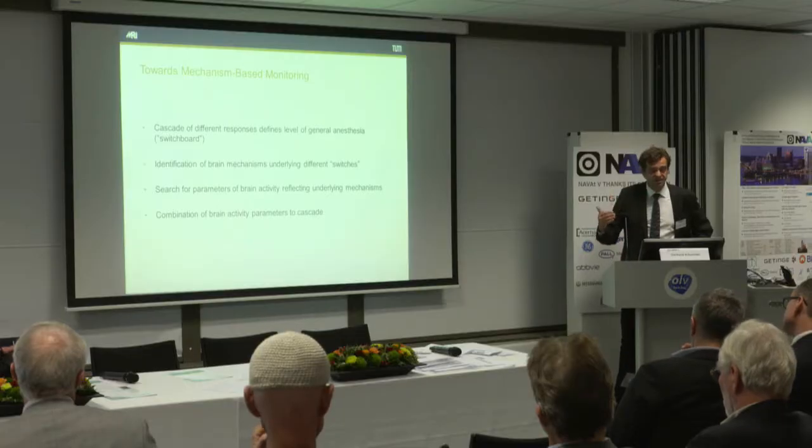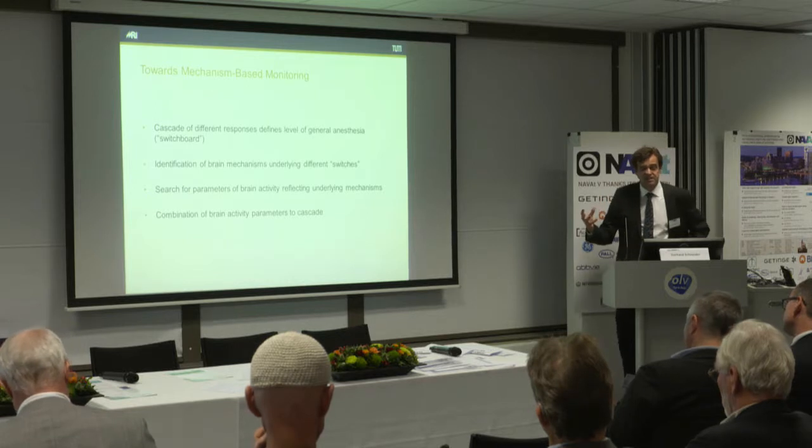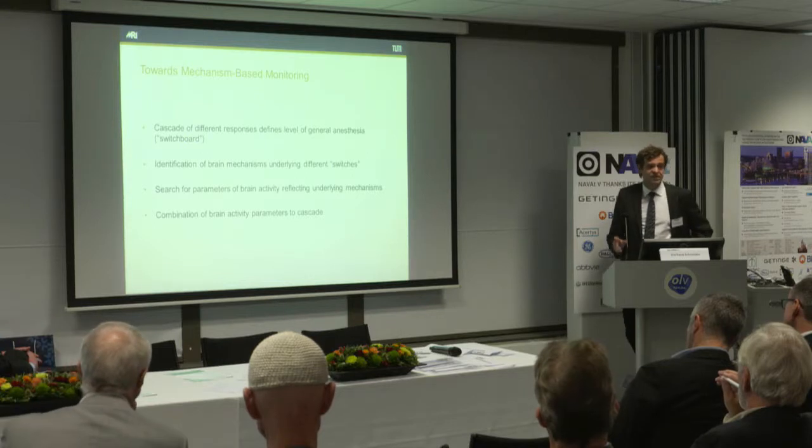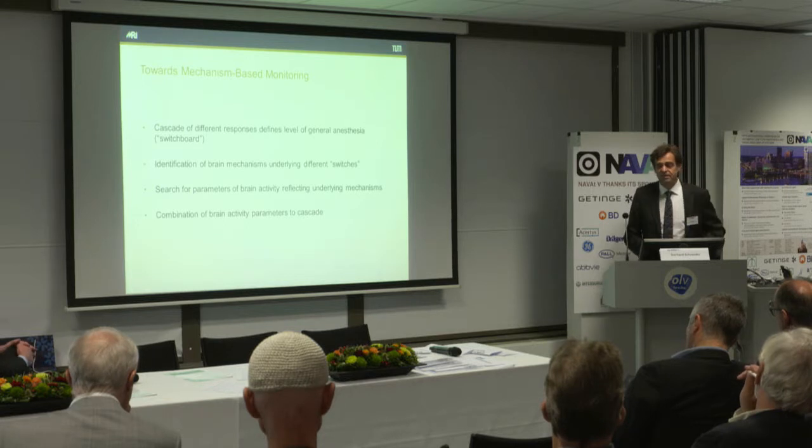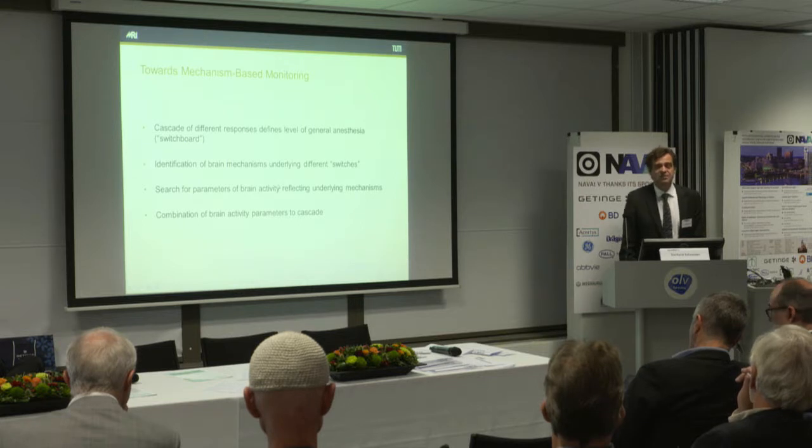Then we have to find parameters which reflect the brain activity and underlying mechanisms, and as an ultimate goal, we have to take this into a cascade again in such a way that we can use it in a clinical way, and to have this cascade defining different levels of parameters. So I think at the moment we can, with quite good data, analyze what happens at loss and return of consciousness.